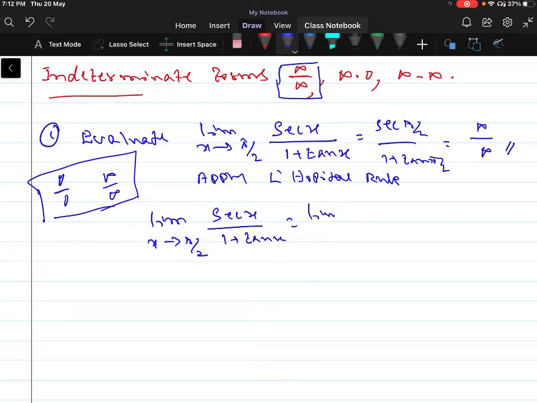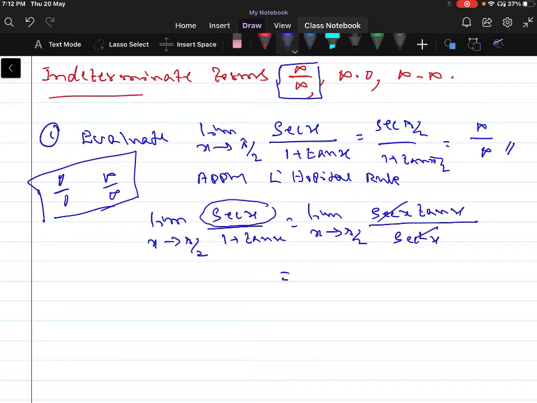So that can be written as limit as x approaches pi by 2 of the differentiation of sec x, that is sec x tan x, divided by the differentiation of 1 plus tan x: differentiation of 1 is 0, then tan x differentiation is sec square x. Let us simplify this. Sec x gets cancelled. Limit as x approaches pi by 2 of tan x by sec x.